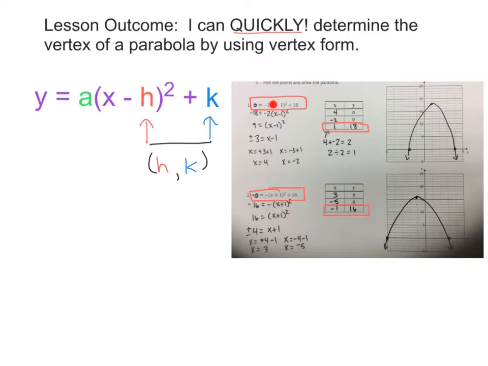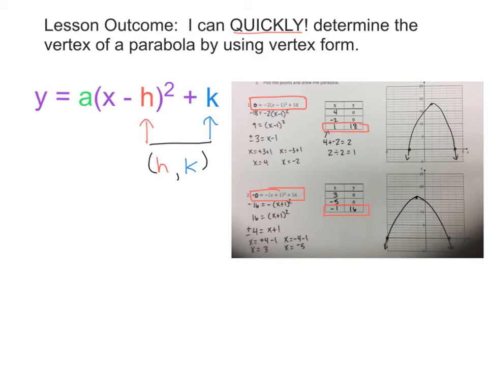So right here, if it looks like x minus 1 in the parentheses, it's going to be a positive 1 for our x value. Okay, just like right here. When there's a positive 1 in our parentheses, x plus 1, we put a negative 1 in for our x value of our vertex. And then that other value of our vertex, the y value, is exactly what it looks like out here. So positive 18 goes here, and positive 16 goes here. And if this was a negative value, it would go in as negative here.